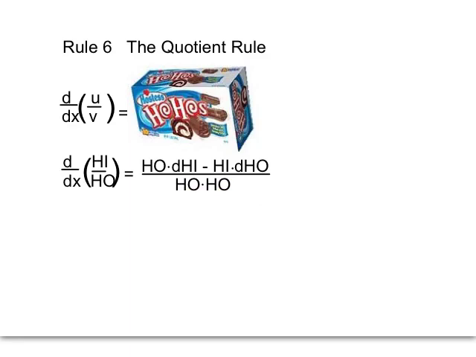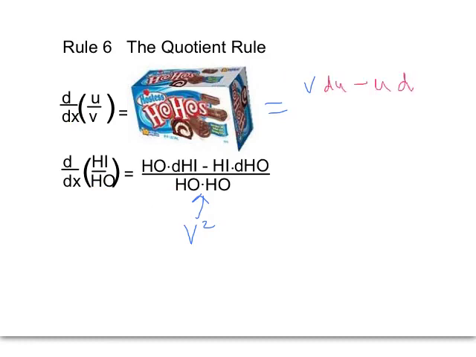So when we say ho ho, what we mean is the v squared. So the actual formula would be ho, that's your bottom, ho is on the bottom. So here would be v du minus u dv.